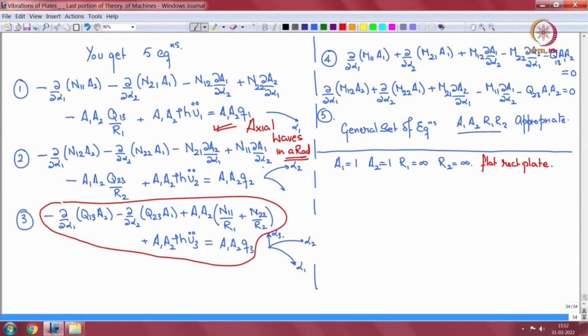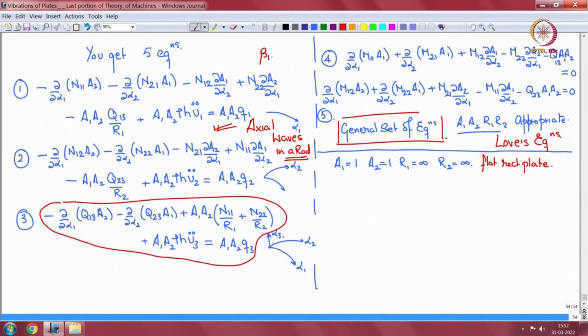Okay. So we have the general set of equations now, and they are called Love's equations. And the beta definition has to be used in here.